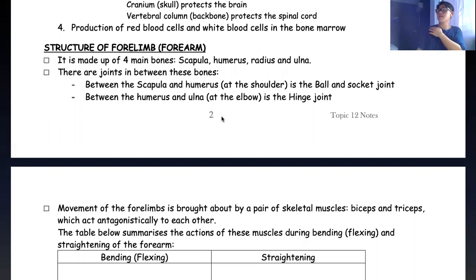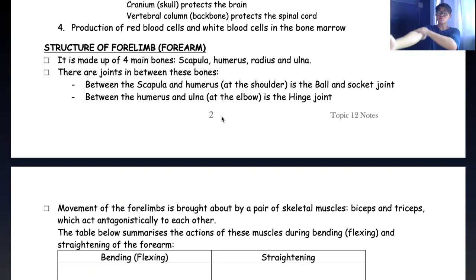The first plane, you can go up and down, the Y. Then sideways, the X, and diagonally, which is your Z. So three planes. This ball and socket is actually the joint which allows the greatest movement.